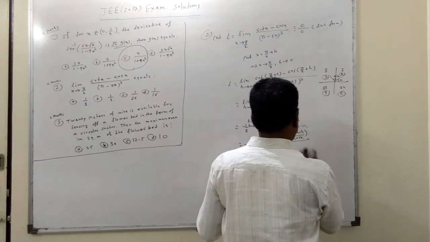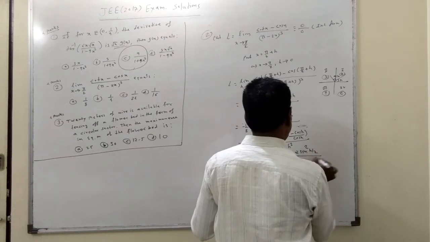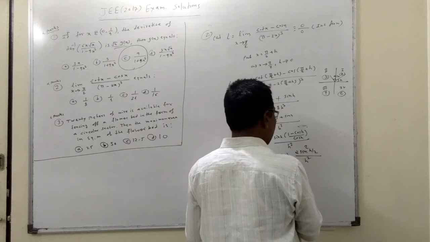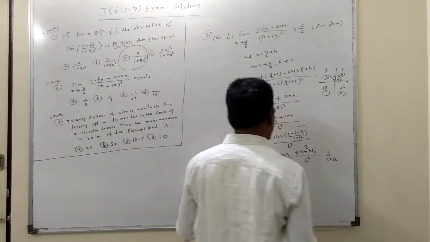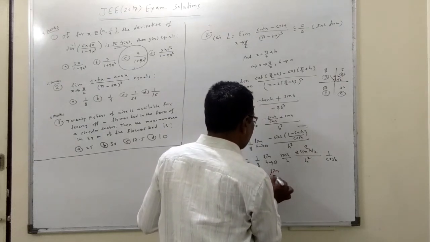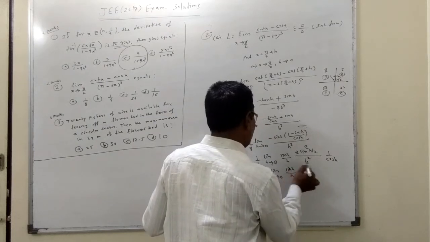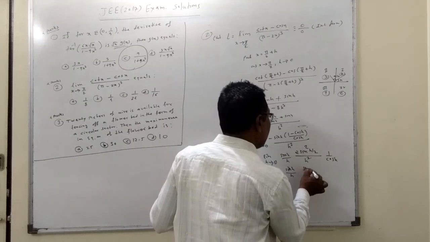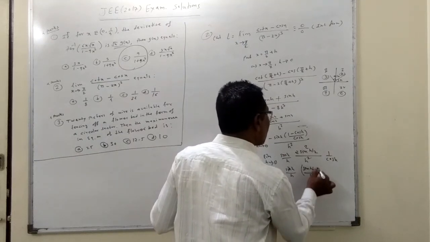So 1 minus cos h, you know the formula, 2 sin square h by 2 divided by h square. Out of this h cube, 1 h we have taken here, so h square. And 1 upon cos h, the direct method we are using, cos 0 is 1. So 1 upon 8, limit h tends to 0, sin h upon h, 2 is also constant with h, so 2 upon 8, and sin h by 2 divided by h by 2 square of that.